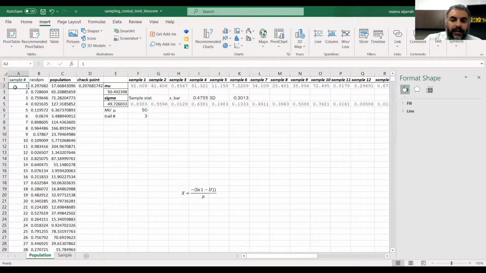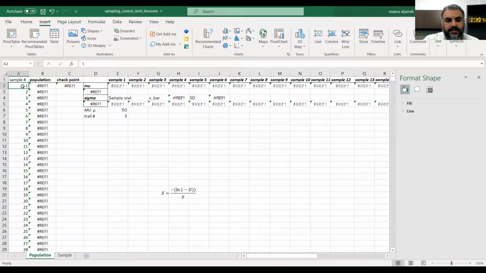So in the first column, I want you to build a count from 1 to 1000.